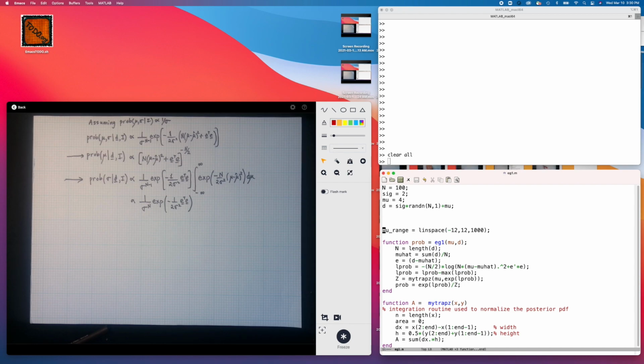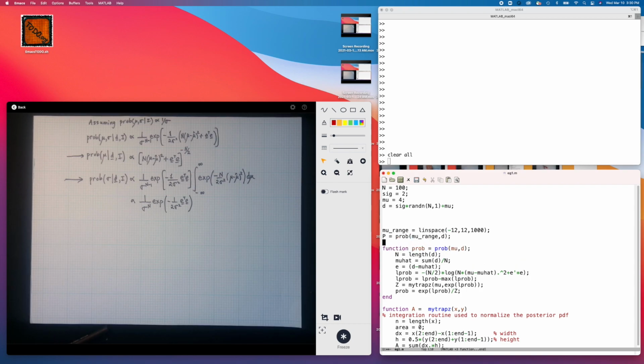Okay, so I create a range of mu values, and now I'm going to evaluate the probability function. So P is equal to prob, oh, it's called EG1. I need to change that. And then I will plot it.